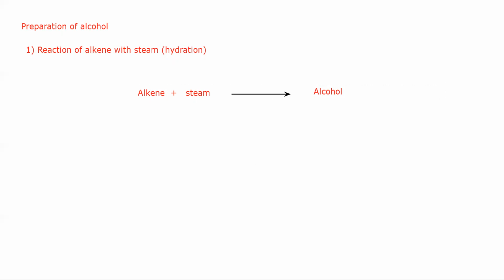We use phosphoric acid as a catalyst, temperature about 300 degrees centigrade, and high pressure, about 60 to 70 atm. 1 atm, one atmospheric pressure, is 100,000 pascal.